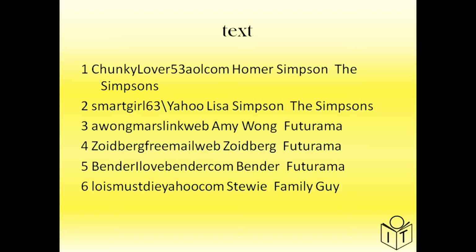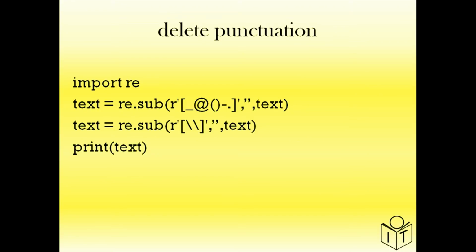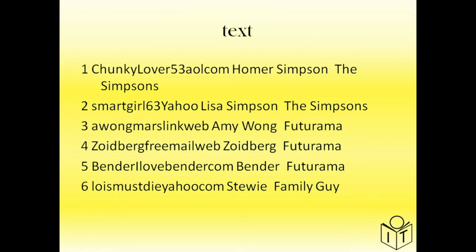So we can write another re.sub expression just to take out the backslash by itself with the escape character. So it's not necessarily straightforward, but with regular expressions sometimes there's a bit of trial and error to see what works. And you can see by the output the text has got no punctuation.